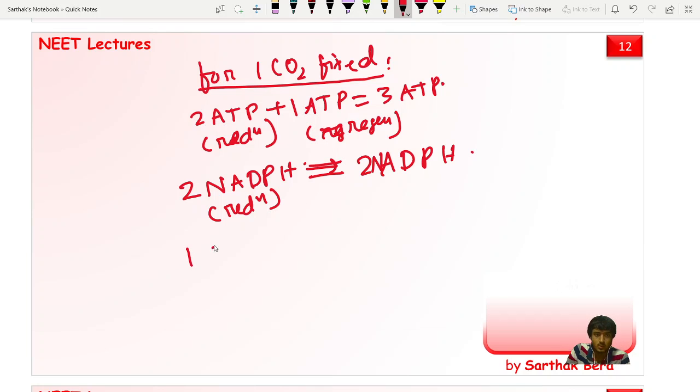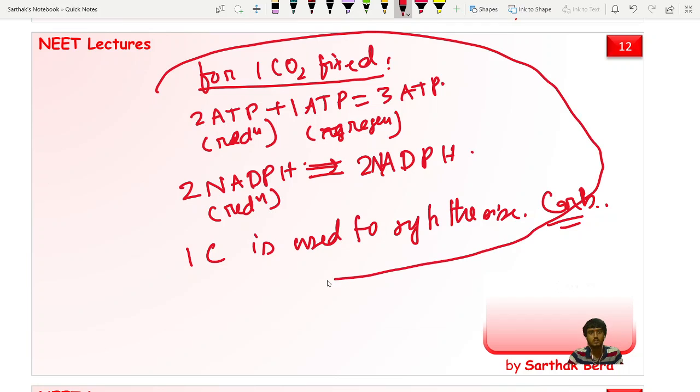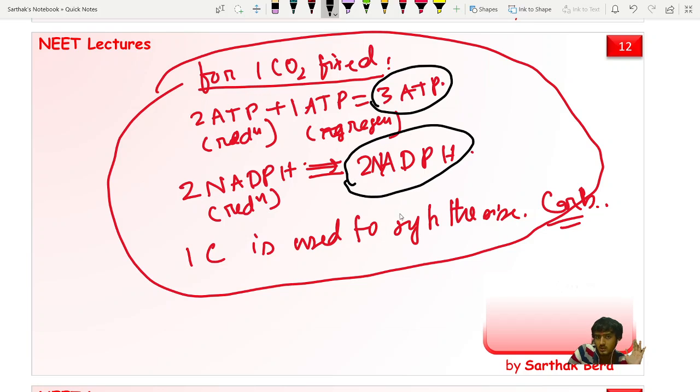And also 1 carbon is used to synthesize carbohydrate, that is glucose, fructose, sucrose, whatever it be, carbohydrates, for 1 CO2 fixed. This is a simple calculation. So for 1 CO2 fixed, 3 ATP are used, 2 NADPH are used, and 1 carbon is used to synthesize carbohydrate.